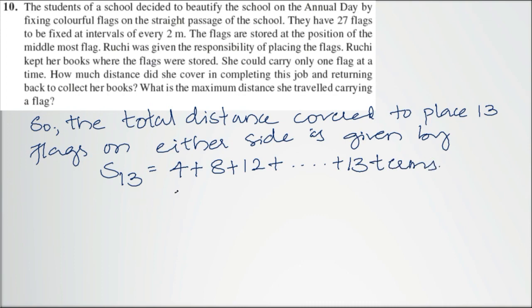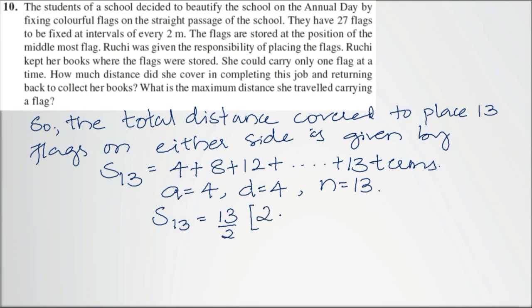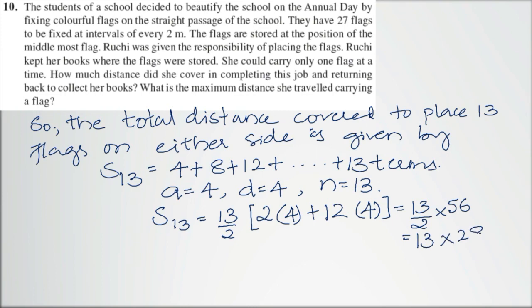So what does it mean? It is like an arithmetic progression with first term 4, common difference 4 and the number of terms are 13. So S13 will be equal to n by 2, 13 by 2 multiplied to 2a, which is 2 times of 4 plus n minus 1 is 12 times of d is 4. So 48 added to 8 will be 56. So 13 by 2 multiplied to 56. So it is 13 multiplied to 28, which will be 364.